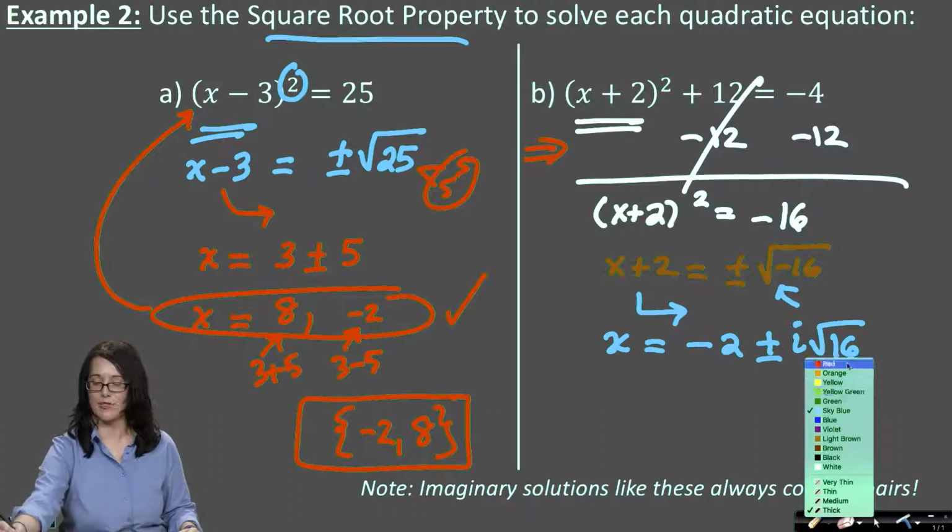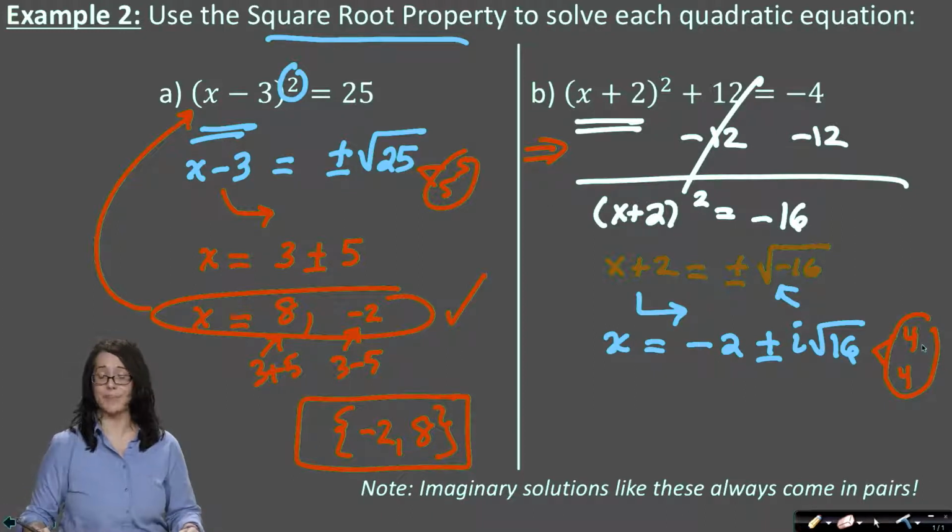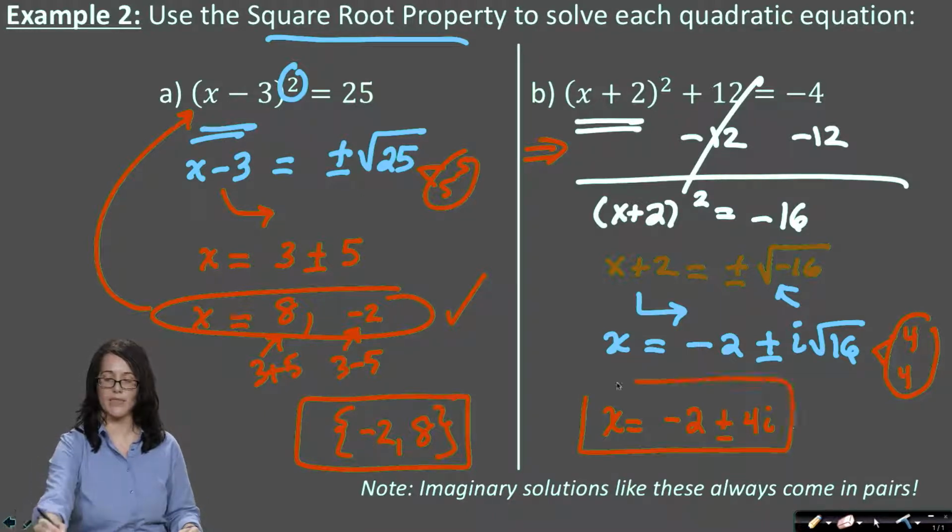Yeah, that's a perfect square. I gave it to you intentionally because there's a pair of 4s that produce 16. So this is really 4 next to an i, or 4i. So if you thought your answer was x could either equal -2 plus 4i or -2 minus 4i, you were correct. x equals -2 plus or minus 4i.